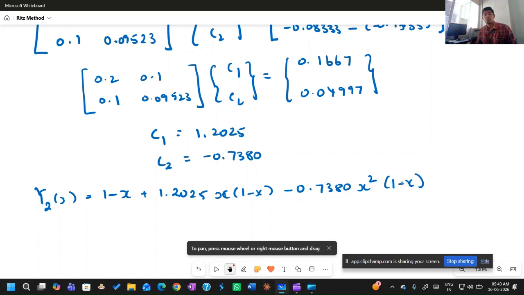Okay, so that is the solution using the Ritz method for the given boundary value problem. So to summarize, the Ritz method works on the weak form solution. So we should find the weak form, evaluate each individual component of the bilinear functionals and linear functionals, and substitute them in the matrix equation to find the coefficients C1 and C2. Okay, thank you.